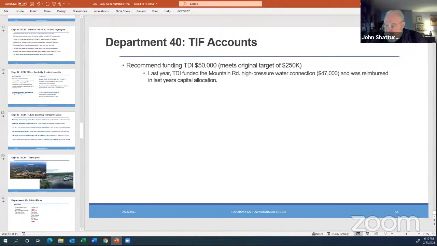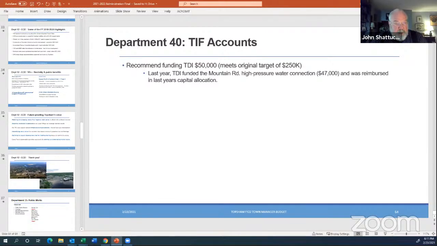TDI did consider and discuss at some length whether it was appropriate to use money funded by the town, part of what we'll talk about on Department 40, to do as some other towns have done and get involved in direct lending to local businesses.